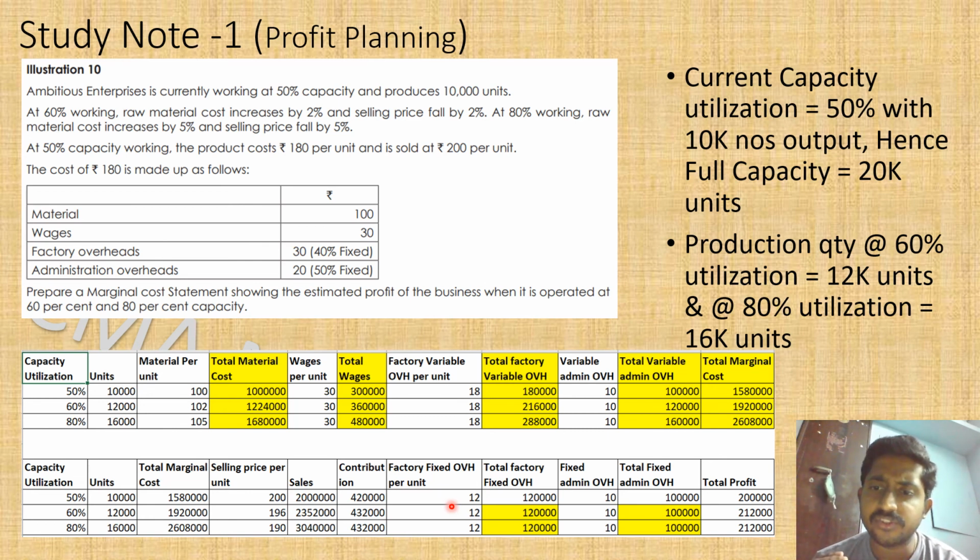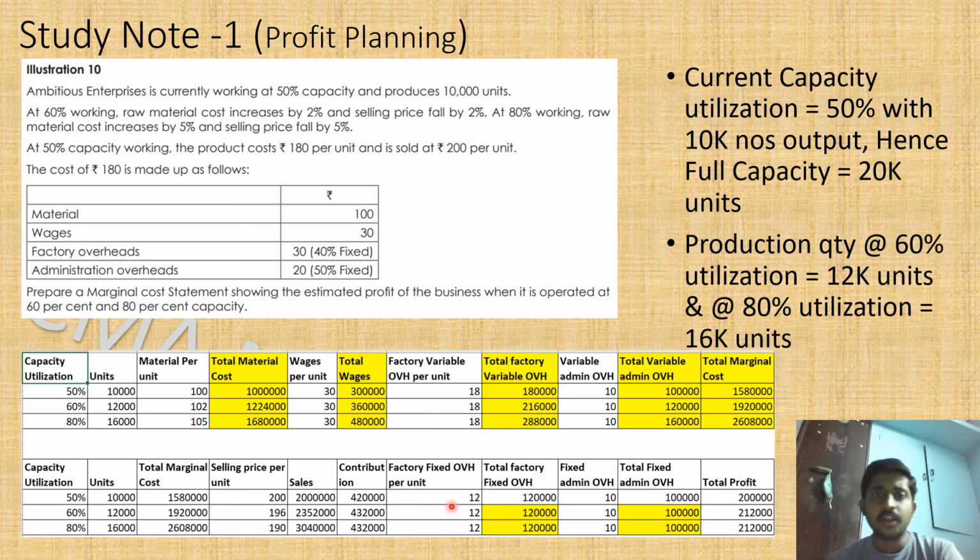Variable cost will change with the quantity of production or sales, but the fixed cost will remain constant. If you sell or produce anything, your fixed cost is going to remain the same at any level of production, capacity utilization or sales.